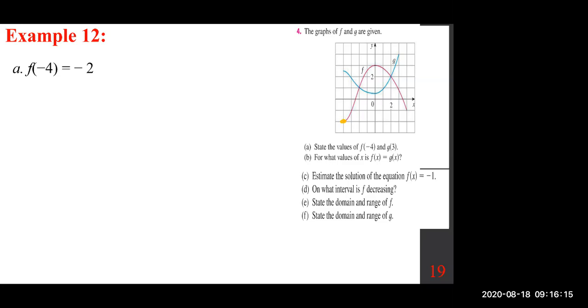And then g of 3 is 4. As long as we have those 2 points, I can't imagine we have a hard time with the rest of it. It's just about reading.